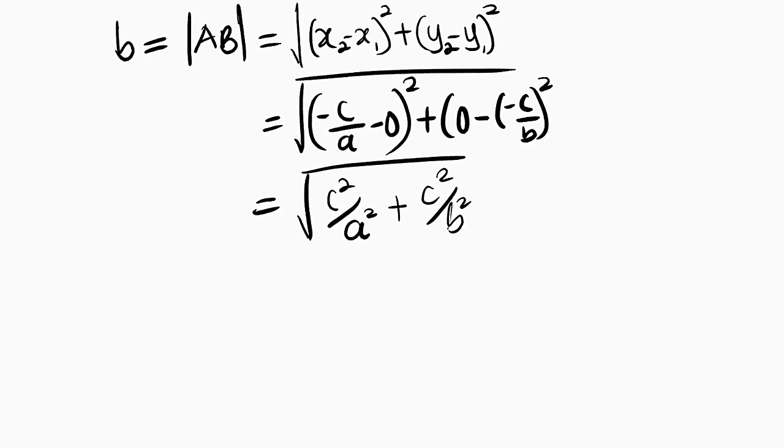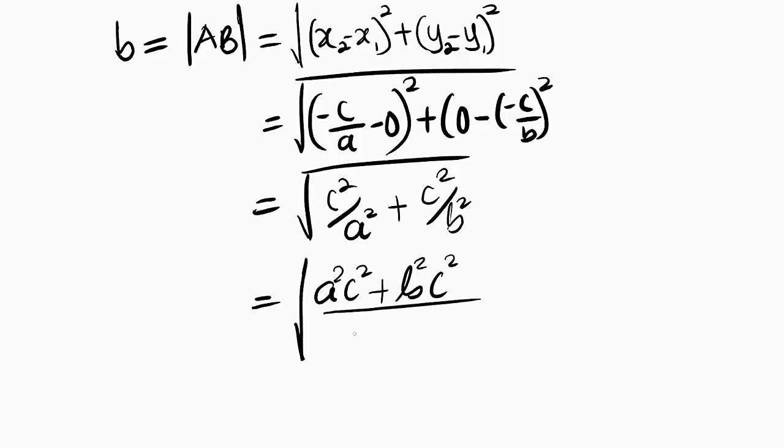So let's simplify this. I think we have a common c, right? Well, let's simplify first using butterfly method. We have a squared times c squared, which is a squared c squared plus b squared times c squared divided by a squared times b squared. This is what we have.